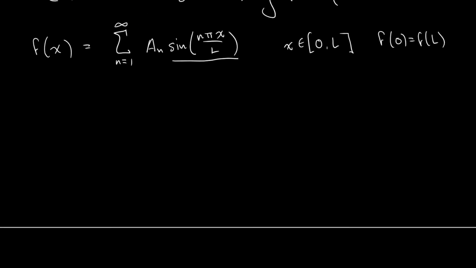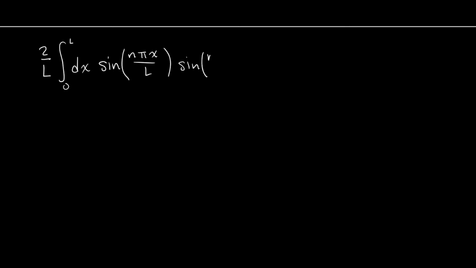And to see it, I want to consider an integral, specifically this integral: 2 over L integral from 0 to L. So I'm integrating over my entire range, and I want to take two of these basis functions, sine of n pi x over L and sine of m pi x over L, and ask what this is equal to.